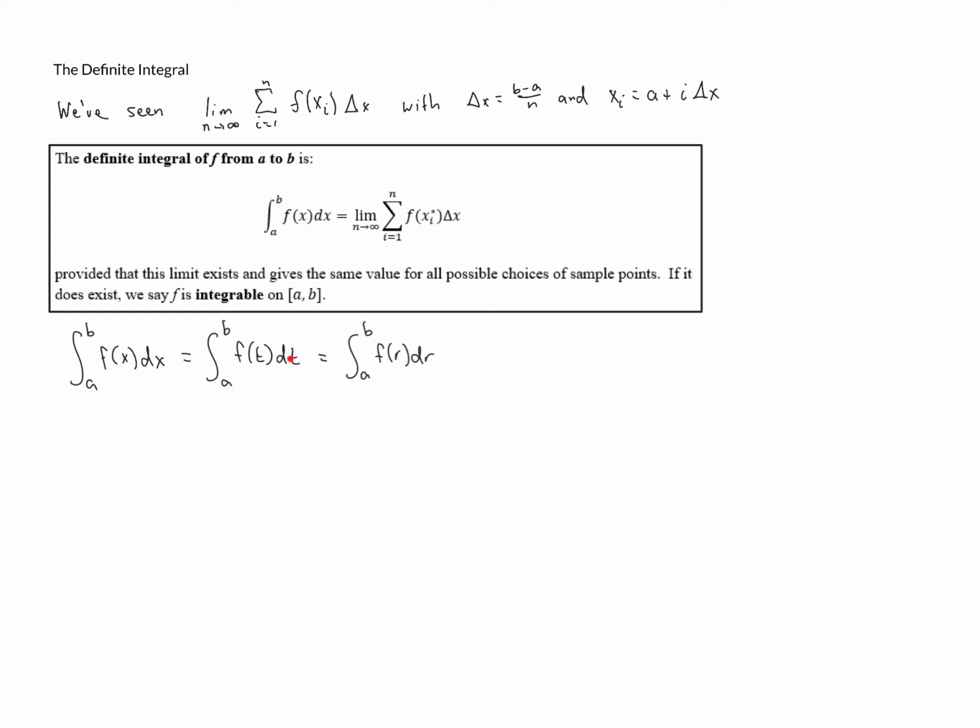We could be integrating with respect to time. That's something we're going to see when we're looking at velocity and position and also acceleration. You might also be integrating with respect to a radius of something, perhaps in physics. The point is, it doesn't have to be a function of x. We are allowed to do this as a function of t, as a function of r, as a function of any other variable. And the variable doesn't really matter as far as the answer is concerned, because the answer is just going to be a number.